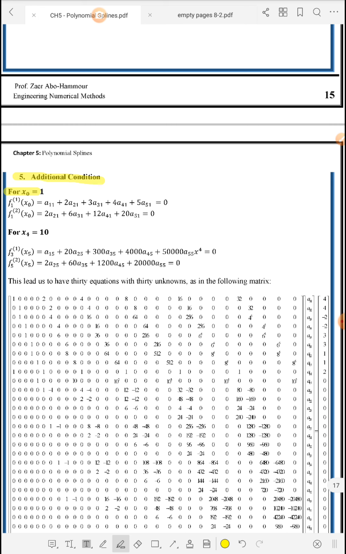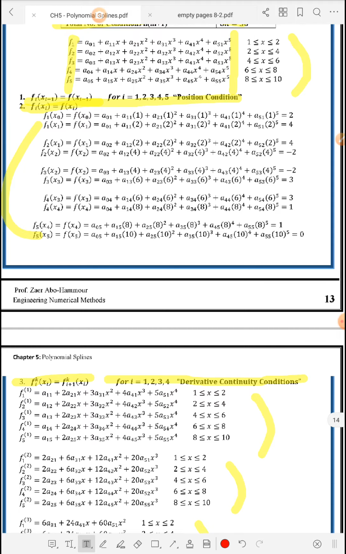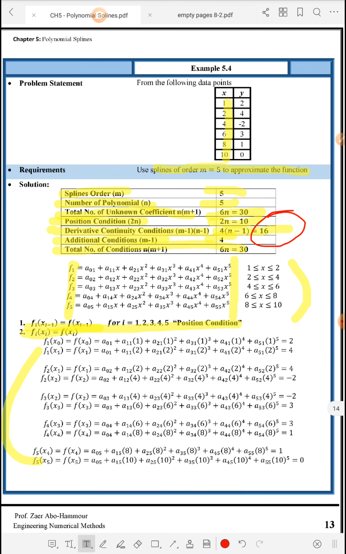Okay, the additional conditions, if we go back to the table: since the order of the polynomial is 5, we will have 4 additional conditions. Since the polynomial order is 5, m is equal to 5, additional conditions will be m-1, which is equal to 4.